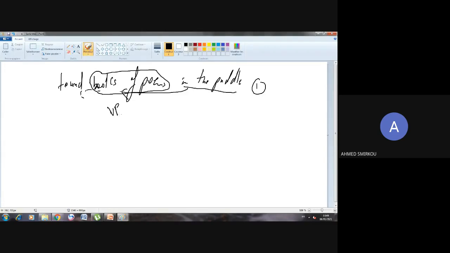Yes, please, Mr. Ismail. Can you please draw the tree? V bar. Then we have the verb, found. And we have the NP. We have N bar.